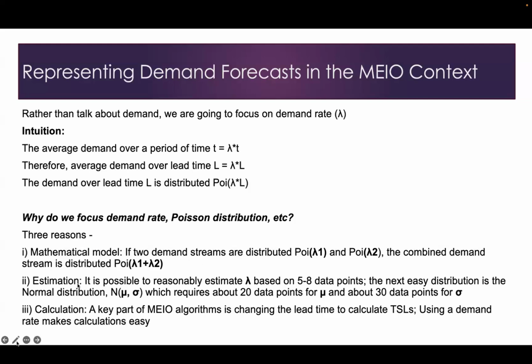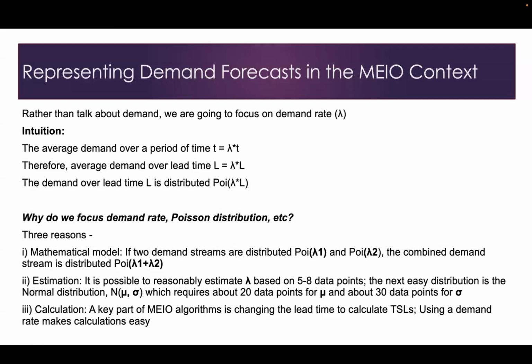The second thing is from an estimation perspective. Since this is a single parameter, lambda, I can usually get a reasonably good estimation of that with 5 to 8 data points. People often come up with these really, really complex models, and there are people infinitely smarter than me who have really, really complex models, and we have 500 variables, etc. Guess what?